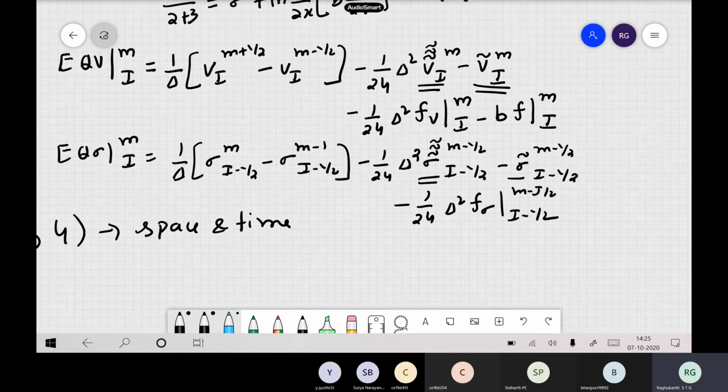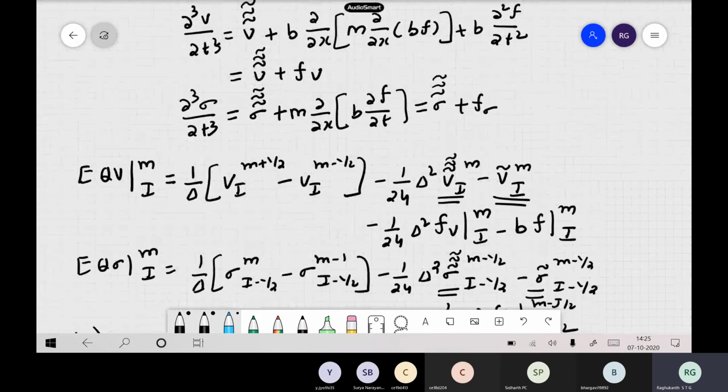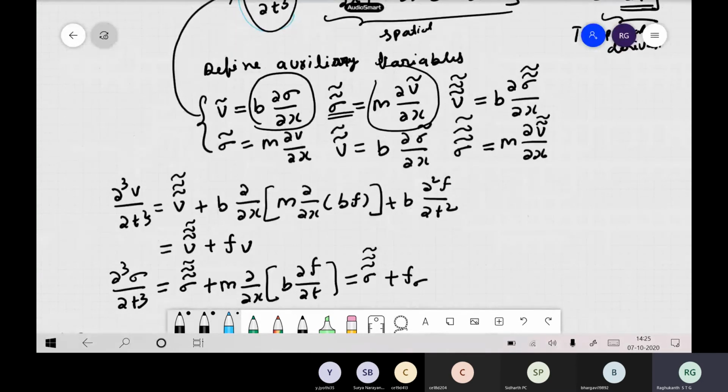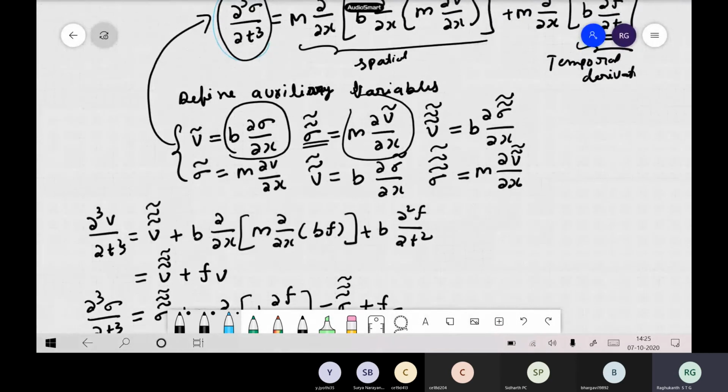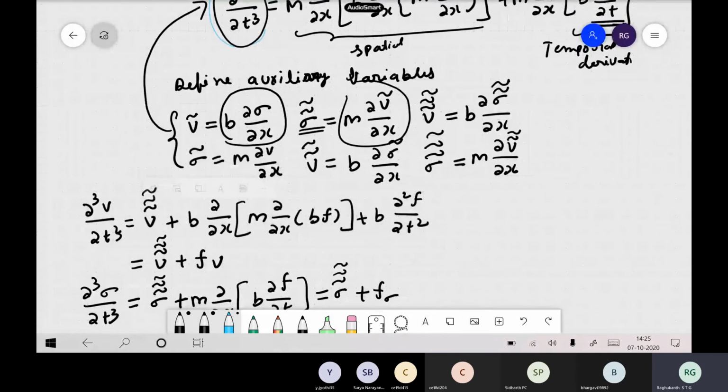You can use second order for this, fourth order here, fourth order there, because these tildes are nothing but derivatives. If you see this expression carefully, your v tilde is also a spatial derivative.